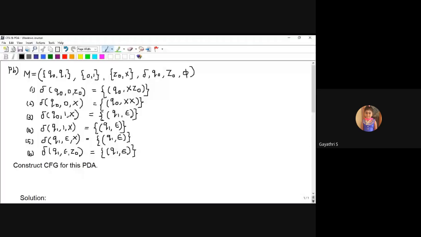In the sixth also the last element, which is epsilon. So the mappings 3, 4, 5, 6, these mappings are coming to the part of the rule which yields terminals.